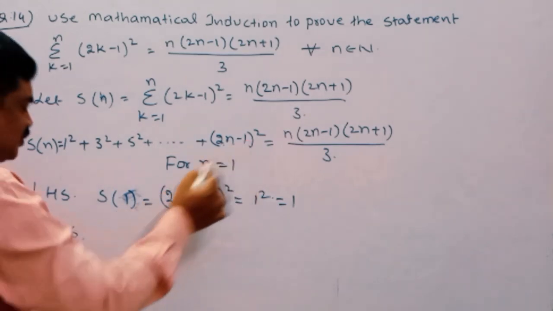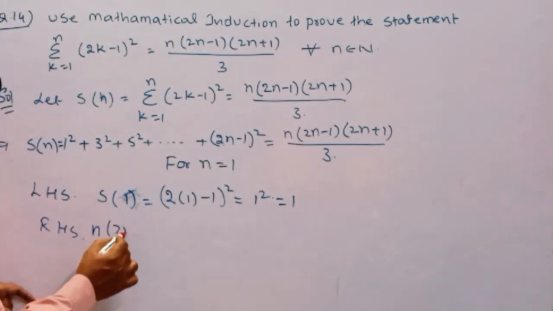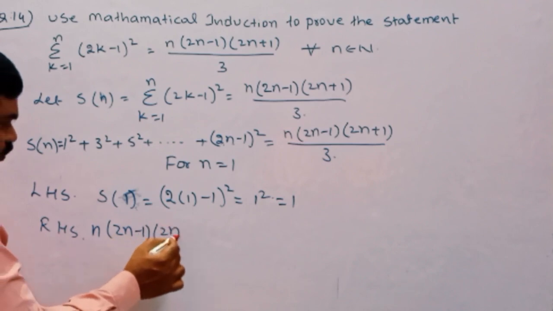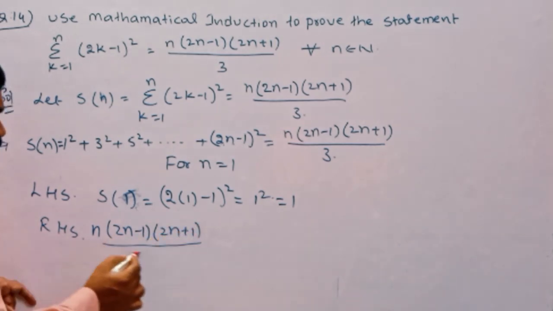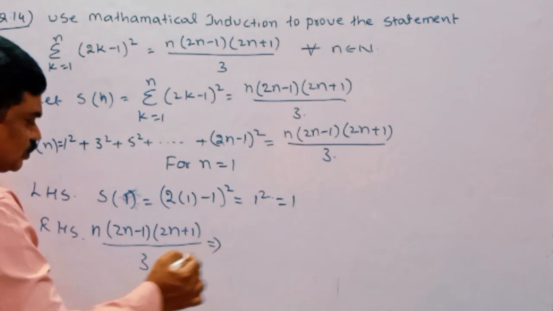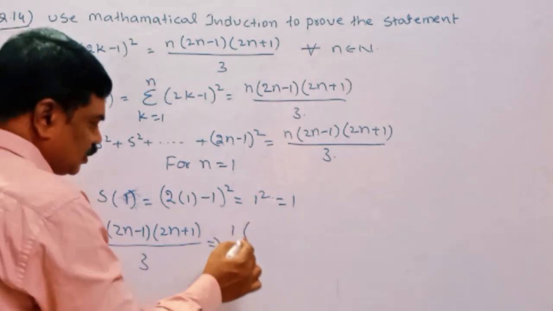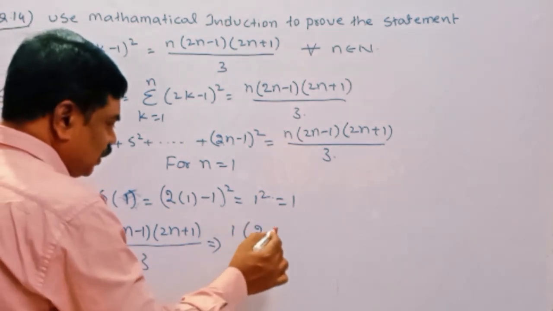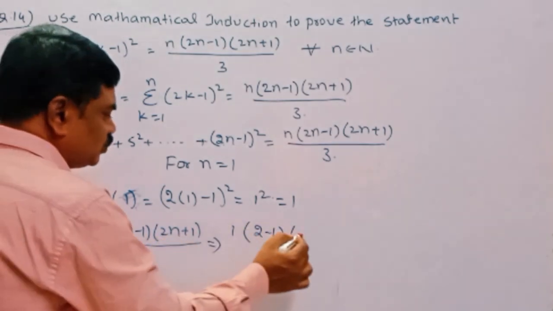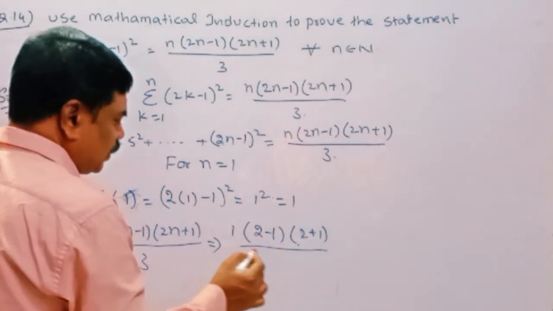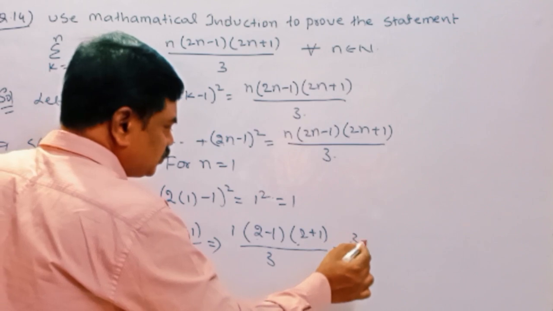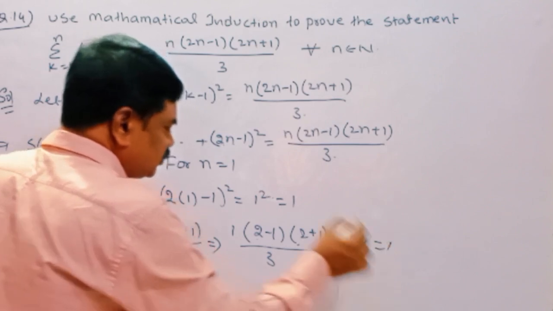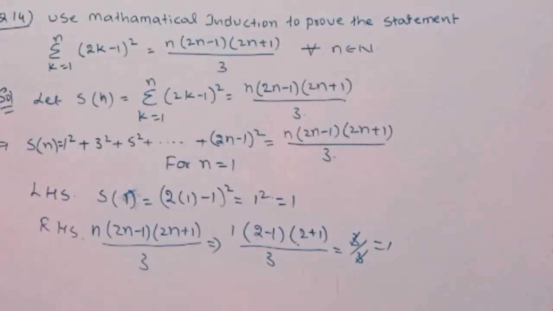RHS: n(2n minus 1)(2n plus 1) by 3. By substituting n equals 1, 1 into (2 minus 1) into (2 plus 1) by 3 is equal to 3 by 3, which is equal to 1. Then what do we conclude?